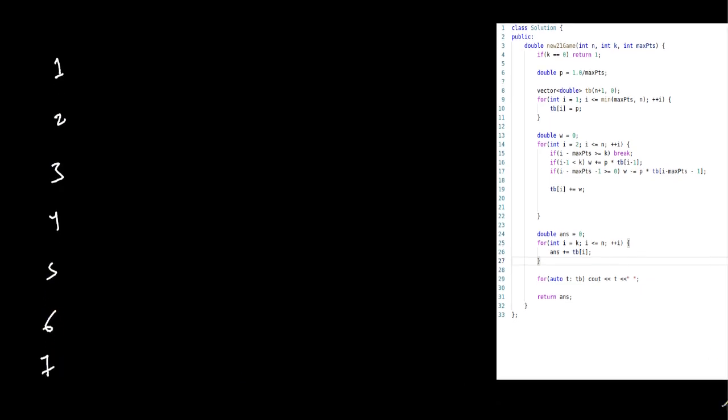And the idea is, so we have 1, 2, 3, 4, 5, 6, 7, 8, 9. Now we will use the sliding window to solve this part, and we said initially 1 and 2 and 3 have the value p, the other have 0.